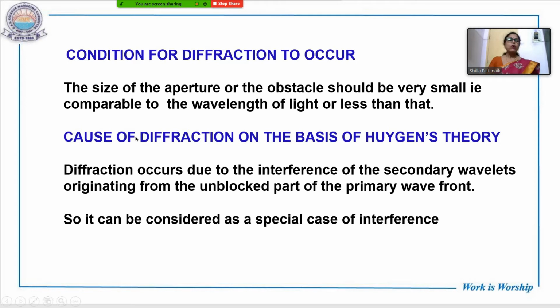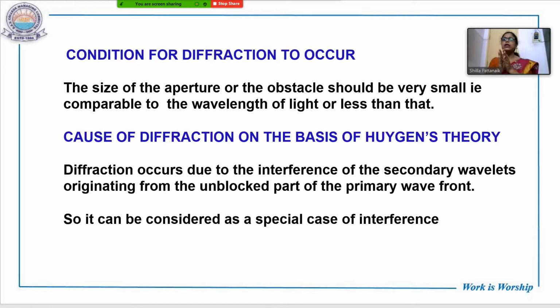But now, what is the cause of diffraction? Diffraction occurs due to interference of the secondary wavelets, not due to primary wavefronts. Due to secondary wavelets originating from the unblocked part of the primary wavefront. You must have observed when the primary wavefront is going through the slit, maximum part has been blocked.